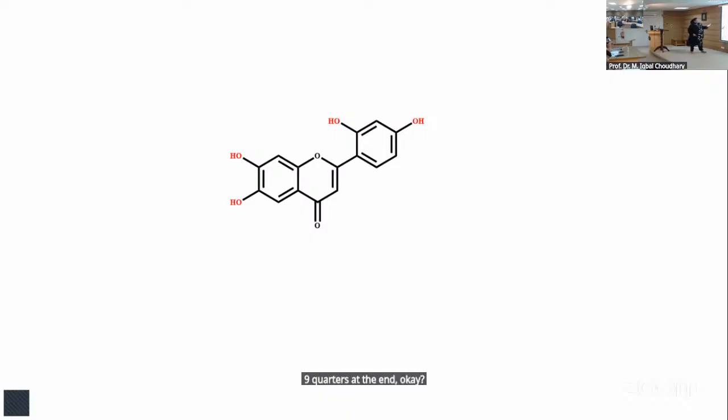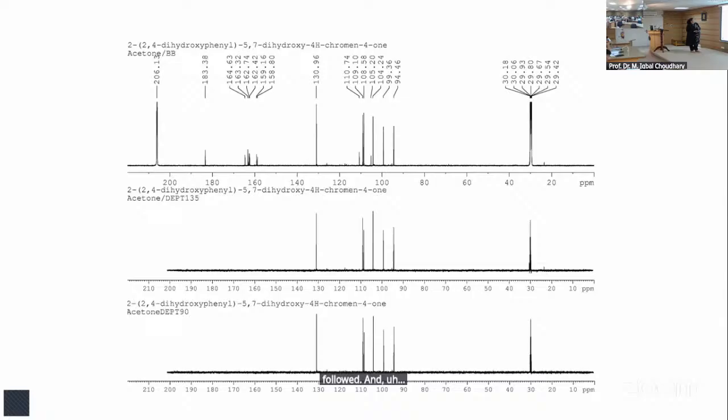And which one would appear the most downfield? Among all the quaternary carbons, we should have one most downfield one that we will assign to carbon. Okay, here is one important thing that I would like to tell you.